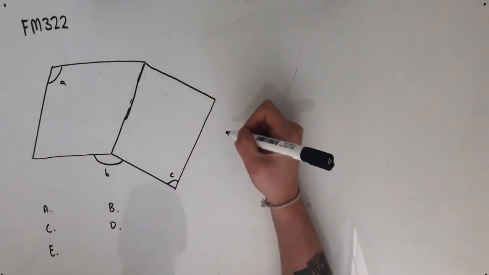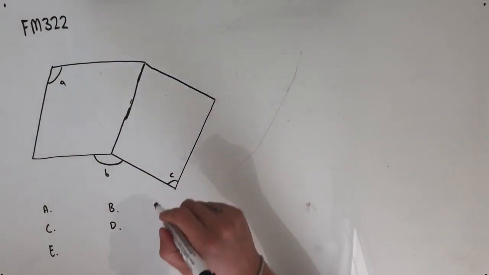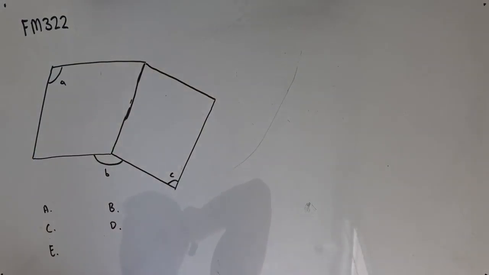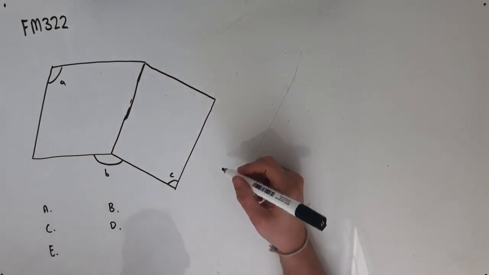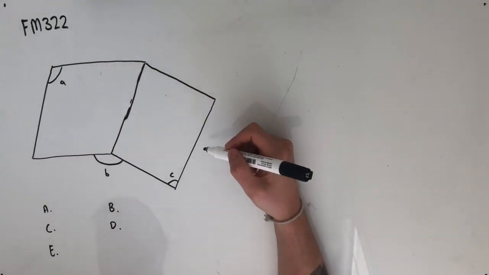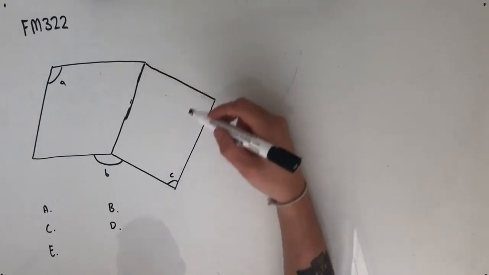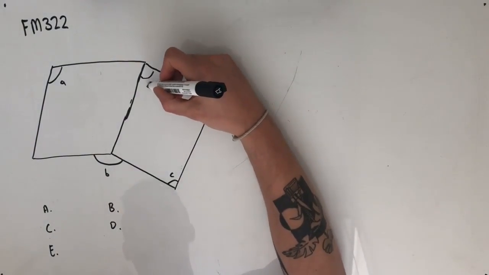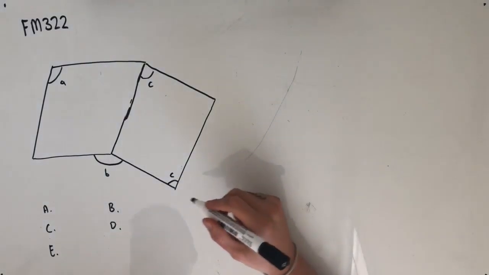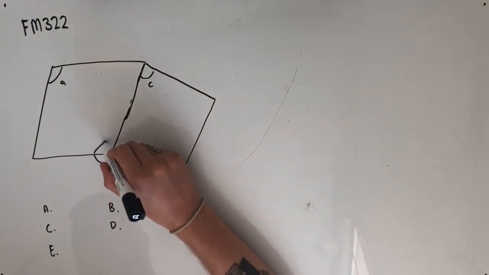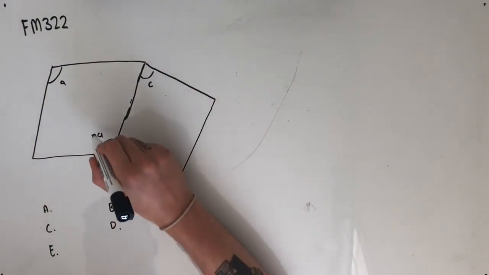Now the first thing that I would do, being given a question like this, is trying to insert more values and more angles and understand as much about this diagram as I can to begin with. First of all, we've been told that these two shapes are parallelograms, which means that this corner is going to have the same size as this corner. So C is going to have the same angle in both those, and the same for A over here.